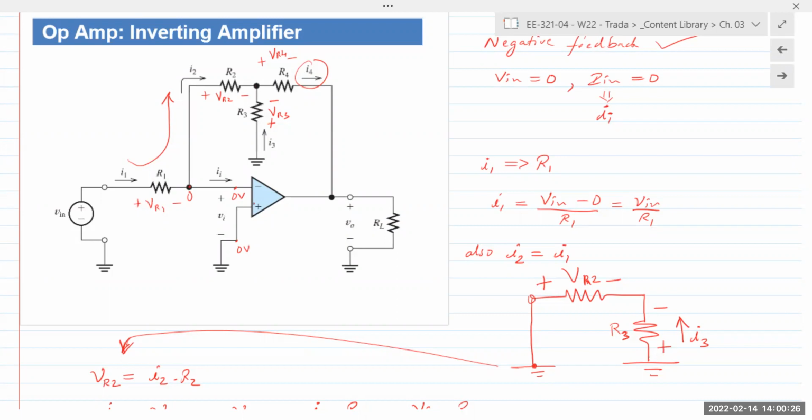Remember, external components are applying external constraints on the operation of your device. Think back to early chapter 9 diodes, right? When you have external constraints, then the device operation changes. So the input impedance of an op amp is infinite, but the input impedance of an inverting amplifier is simply the resistor R1.